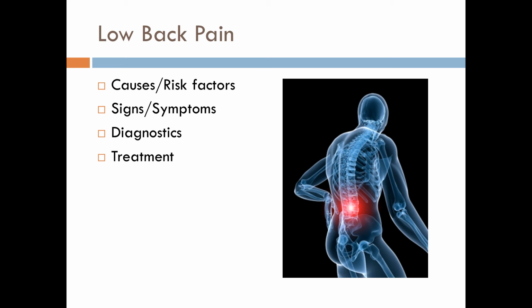Signs and symptoms. They can have problems with their gait, so troubles walking. They could have legs that are different length. They could have different leg motor strength. They might have sensory perception altered. And then the obvious, where they complain of pain to their back. A lot of people who I see with low back pain say they've got the pain in their back, but then it radiates somewhere, a lot of times down a leg, or causes numbness down a leg or something like that.